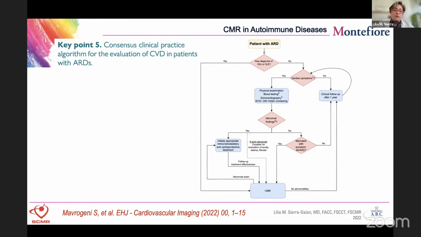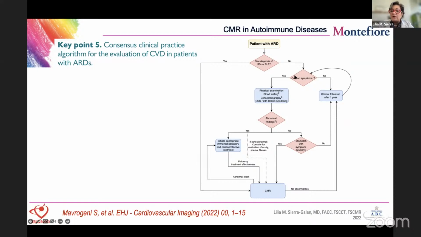And here is an algorithm that is published in the consensus, where we said, okay, if we have a patient with an autoimmune disease that fits this group of diseases, is it newly diagnosed? Yes, then go straight to CMR.